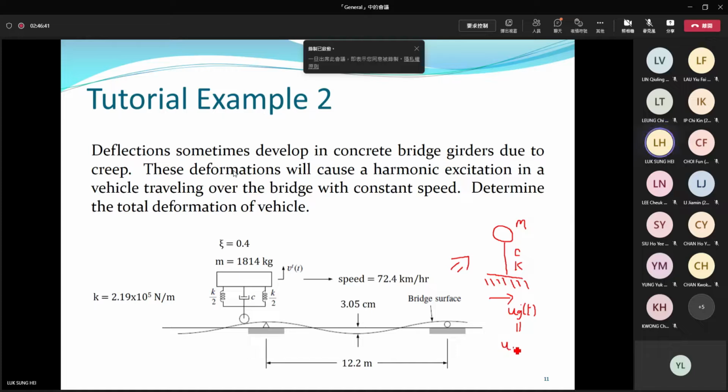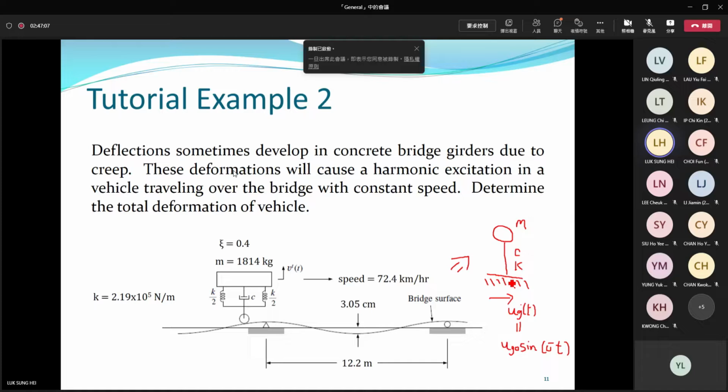The ground displacement can be modeled using a sine wave. You can transform the problem: the car moved and the ground fixed, to the opposite, the car fixed and the ground moved. Okay, you can transform the problem. They're equivalent, right? As long as the ground motion is able to reflect the motions.